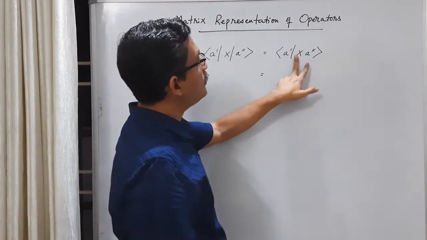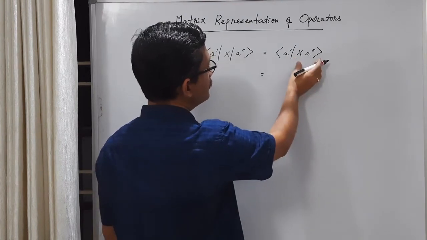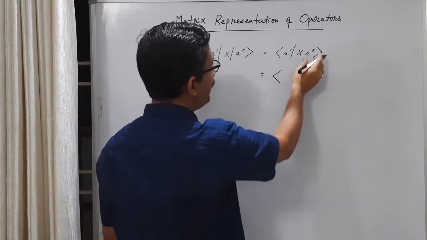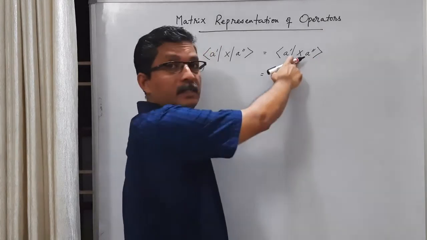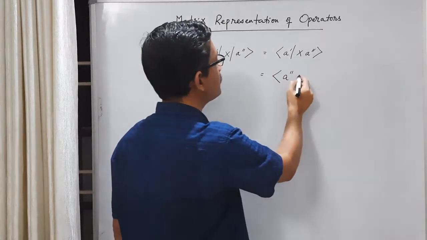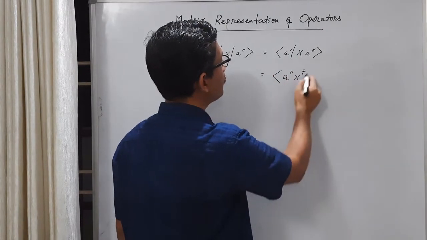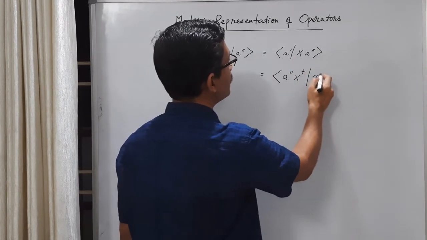So when you take the adjoint of this ket vector, ket a double prime becomes bra vector a double prime, but there is the operator x here. Then we have to take the adjoint of the operator, so it becomes x dagger, and this bra vector a prime becomes ket vector a prime.